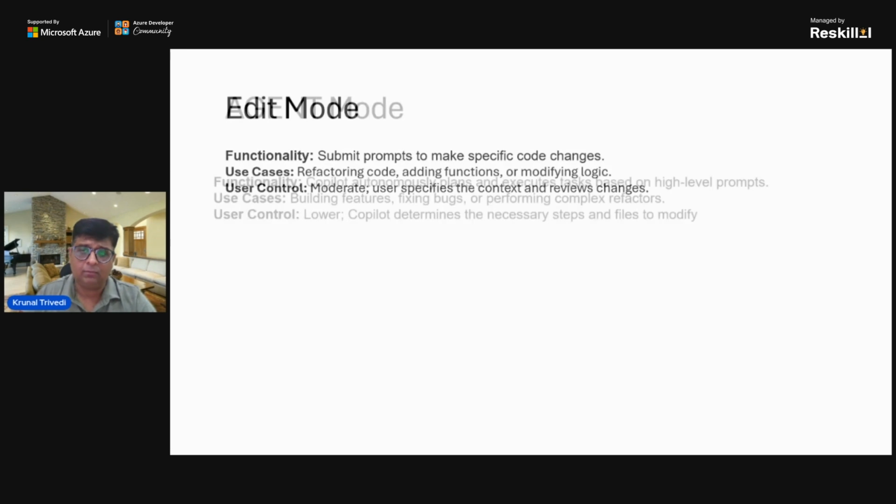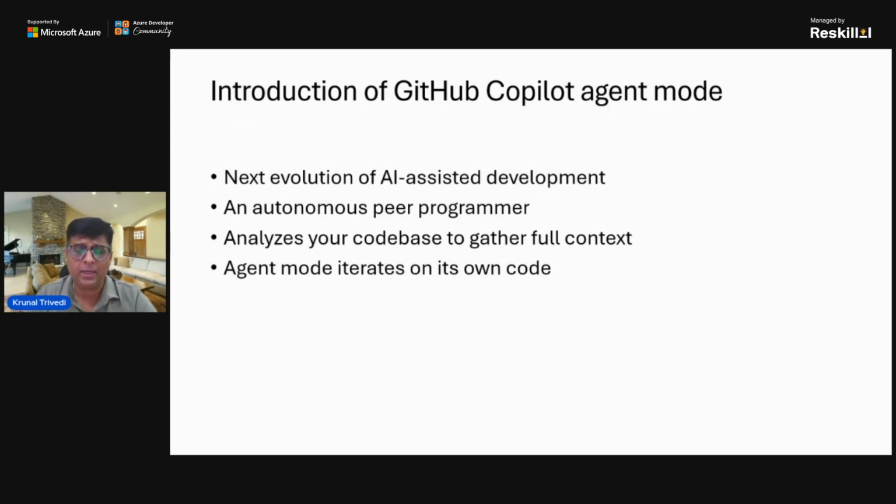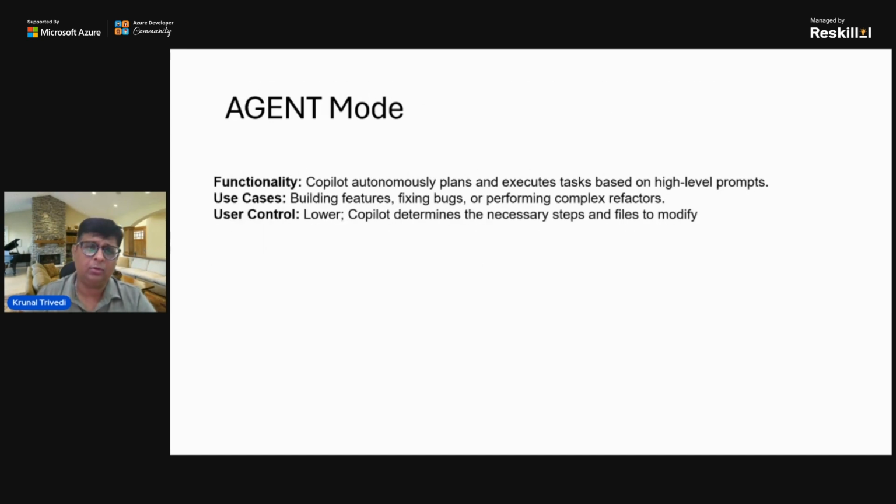And the last one, which is the new one, is the agent mode. Here it autonomously plans and executes tasks based on your prompt. Again, as you can see, I have mentioned high level prompts. When we talk about high level prompts, that means you can be specific, but if you are not being specific, it would still be able to perform it.